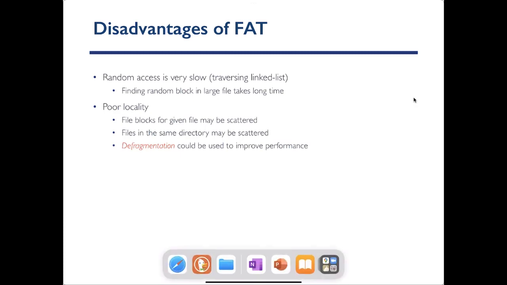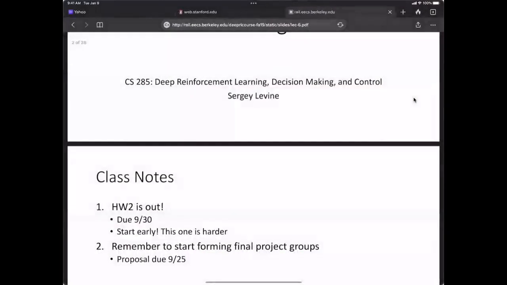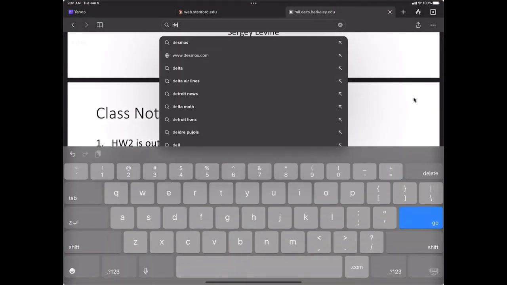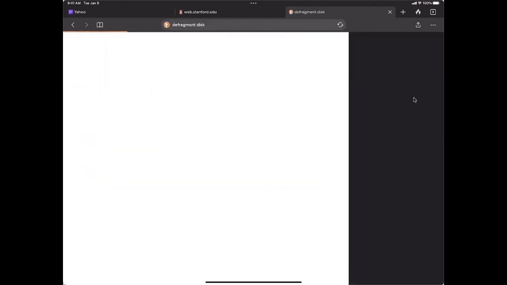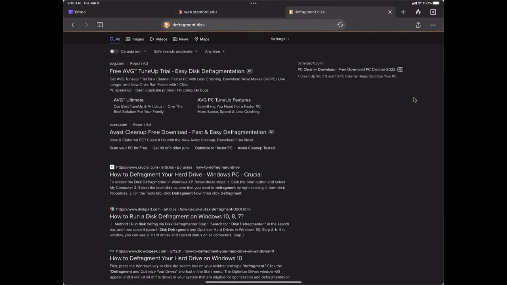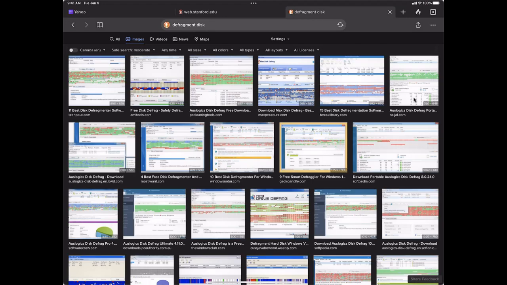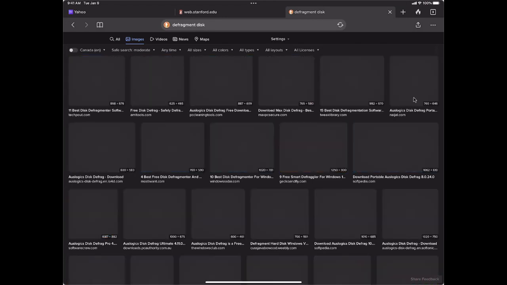So here, let me search defragmentation of disk. So yeah, this would be something that looks very familiar. What happened?